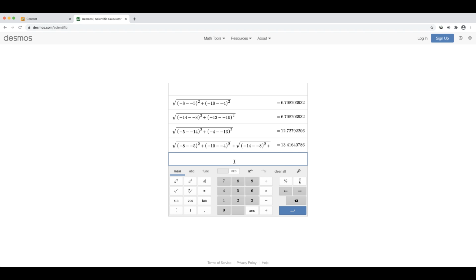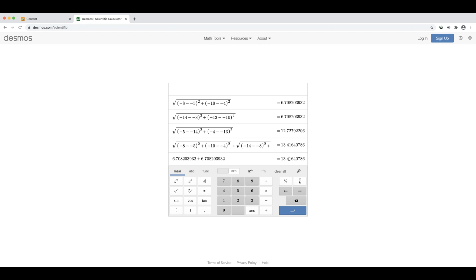If I use these numbers here, copy and paste, it's way too much. It's not equal to the 12 point, right?